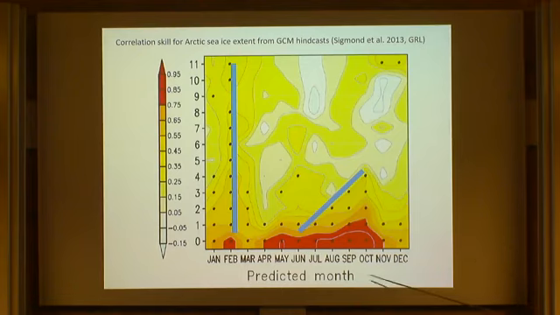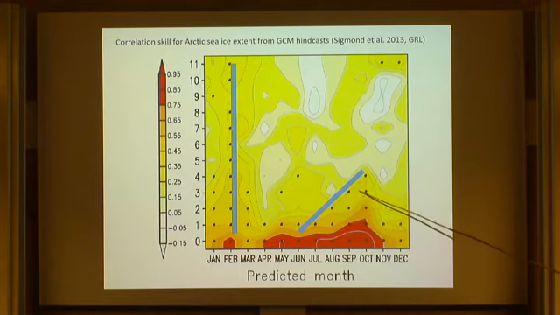This is the predicted month. For example, when we want to predict September and we start one month ahead, we have quite a high skill to predict September in the model world when we start in August.